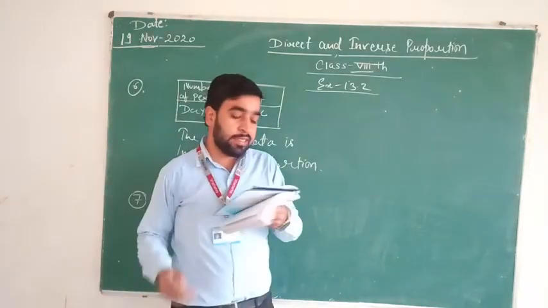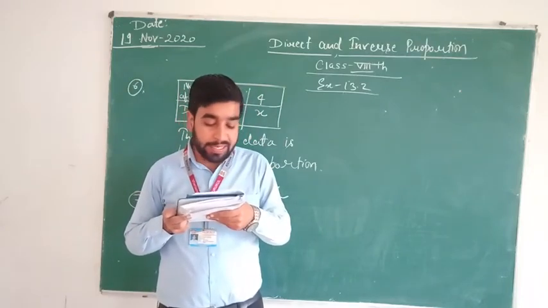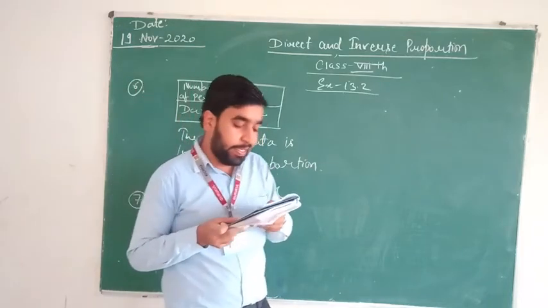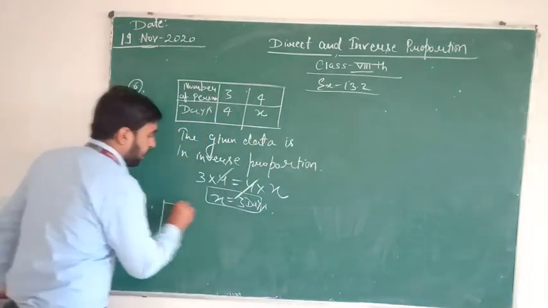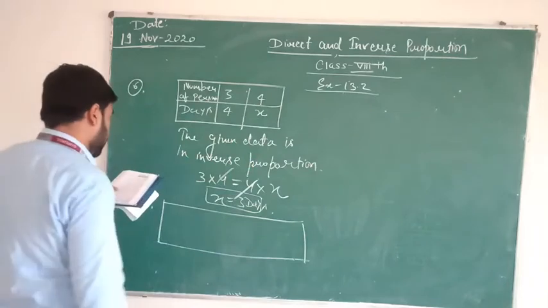Question number 7 is: a batch of bottles was packed in 25 boxes with 12 bottles in each box. Let me plot the table first. So a table. What is the given condition?